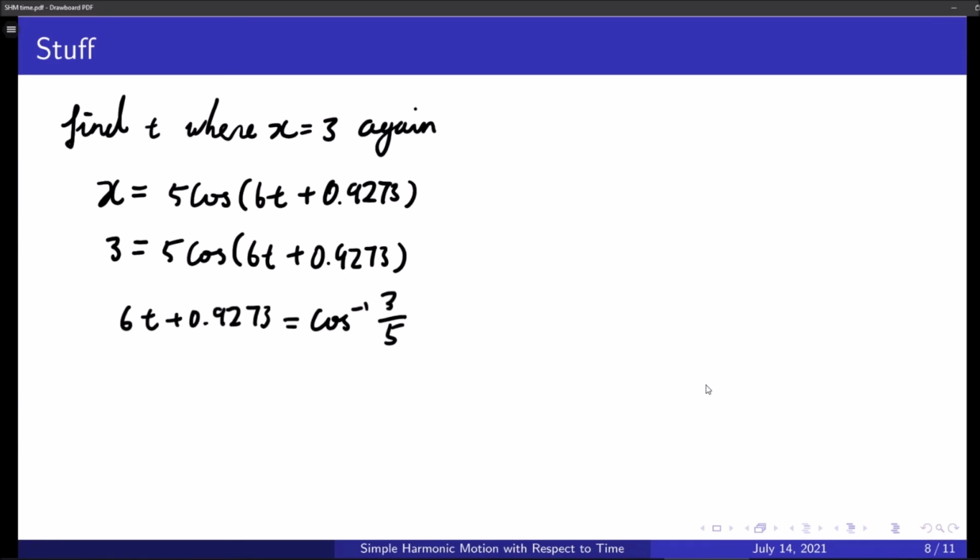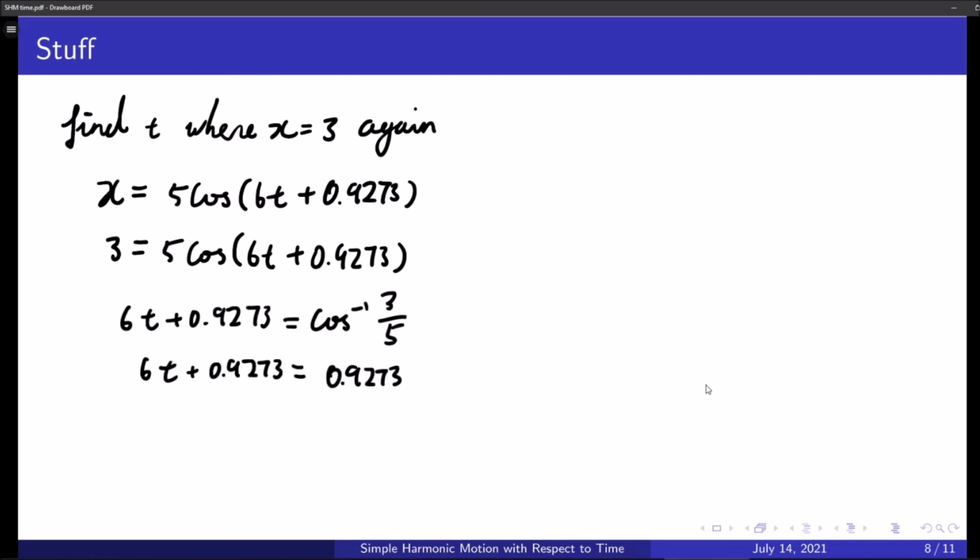So what are the values? If you punch this in your calculator, you're just going to get 0.9273 directly, which is not very helpful because this is in fact the angle of the initial position, because if you subtract this, you get 6t equals 0, t equals 0. So we need to find the second position.